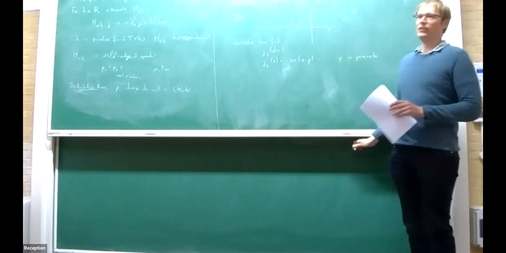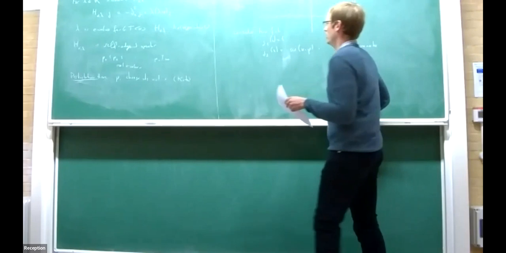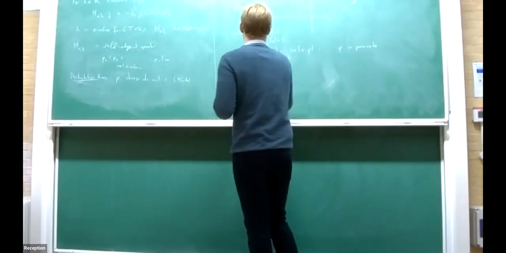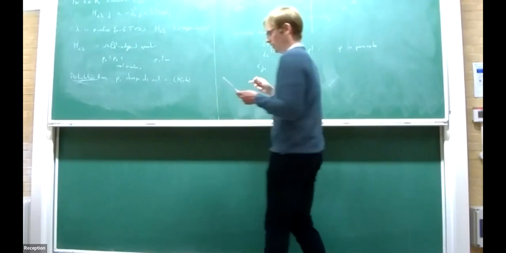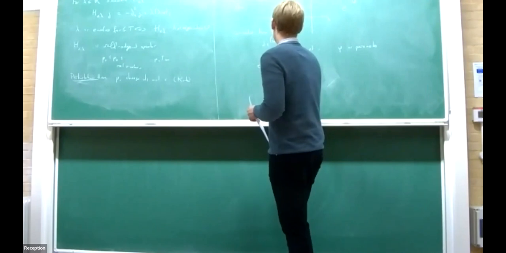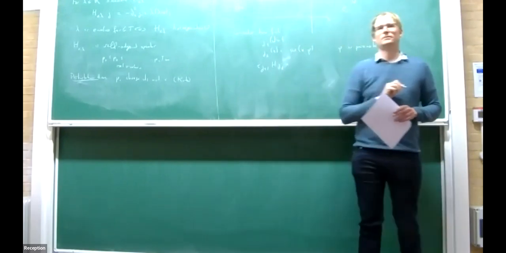And now I just have these two functions, and I just compute the inner product of j1 with H times j1. Okay.